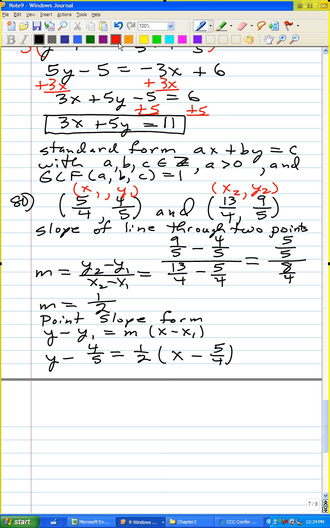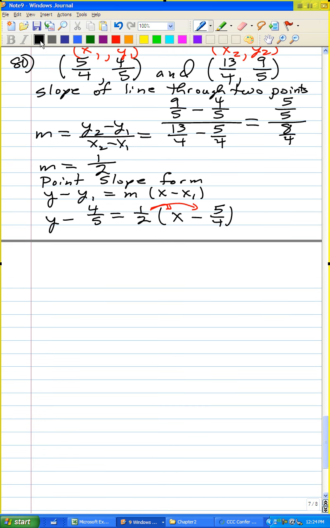And so let me multiply 1/2 inside the parentheses. And so I get y minus 4/5 equals 1/2 x minus 1 times 5 is 5, 2 times 4 is 8.